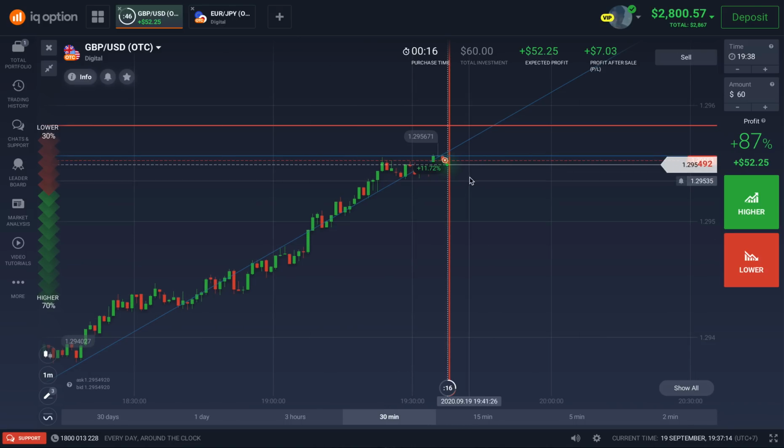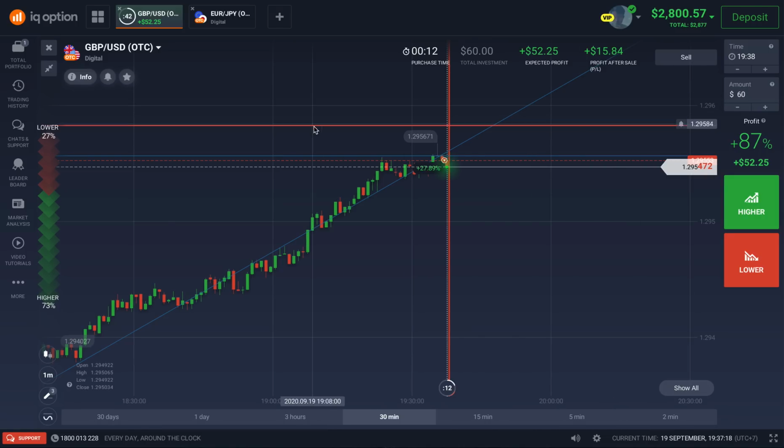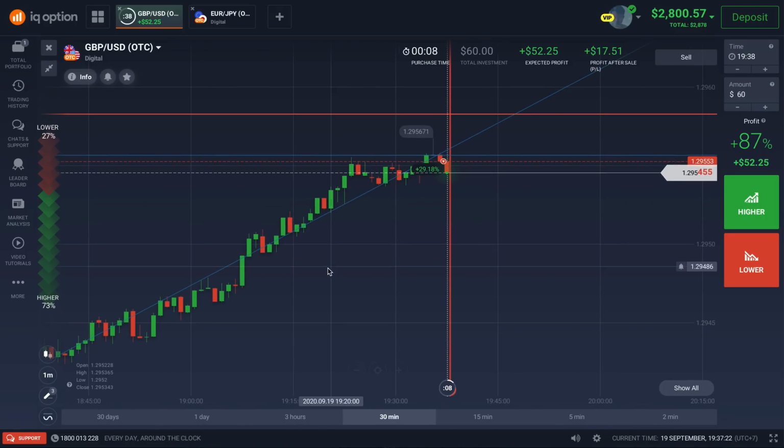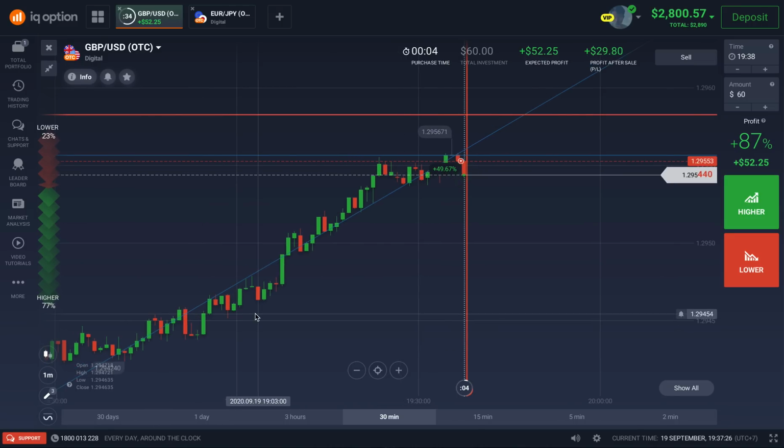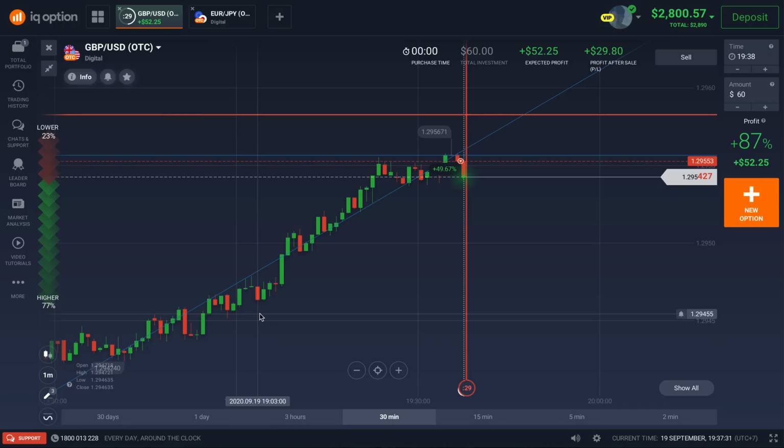So if I win this one, we will recover our $50 loss from the last one. I will give you a reason. I will give you the detail on why I go bearish on this candle.